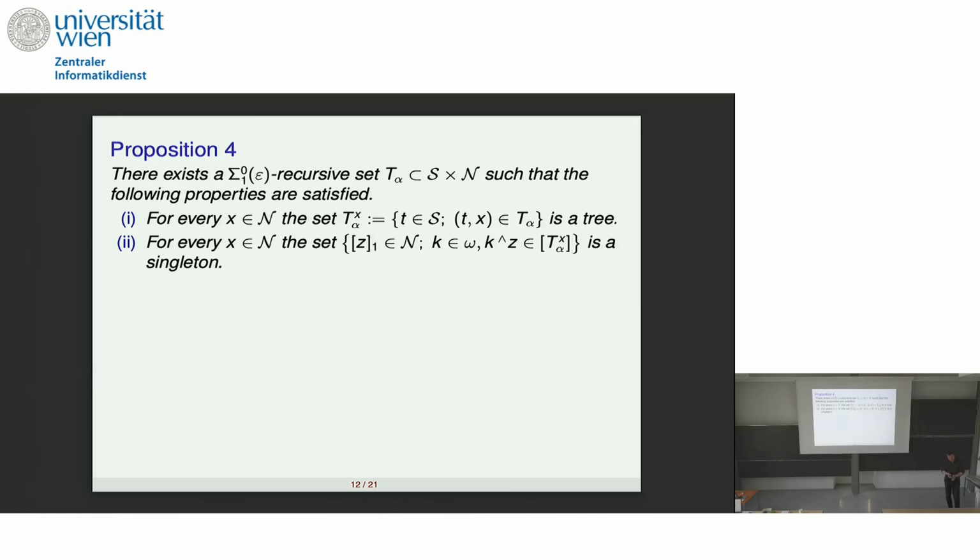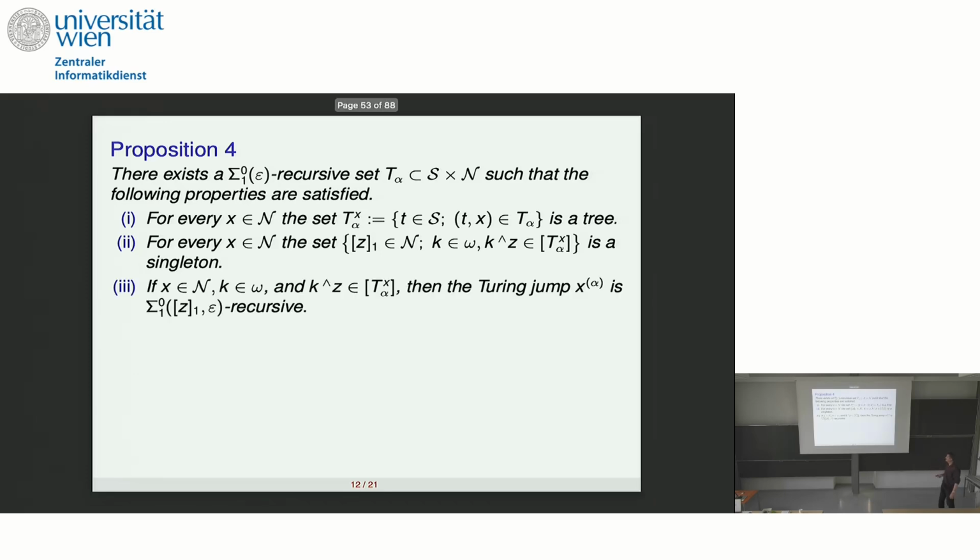So if we take this part of Z, then this is just a singleton.